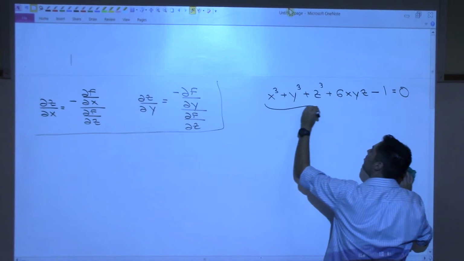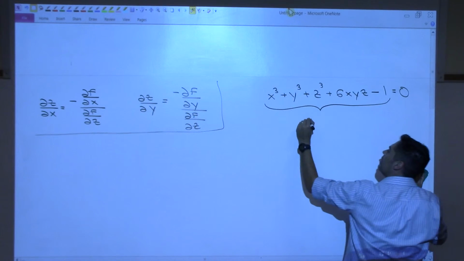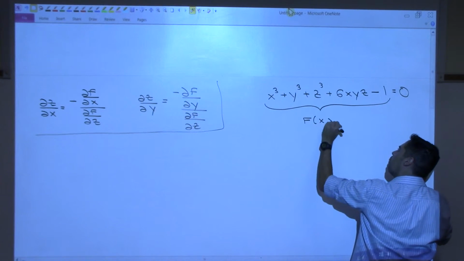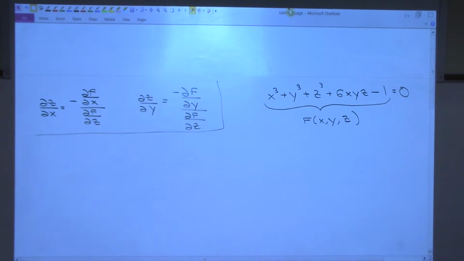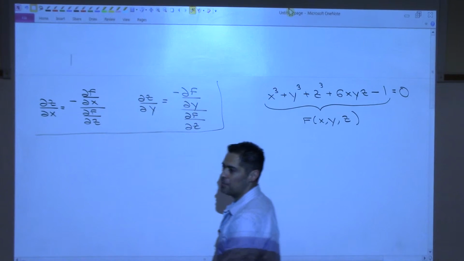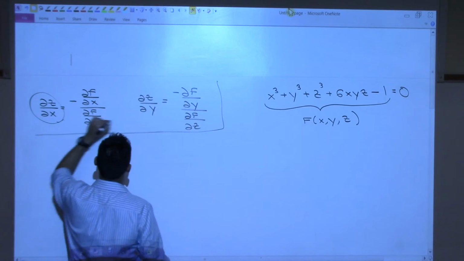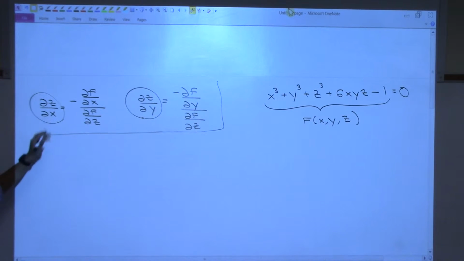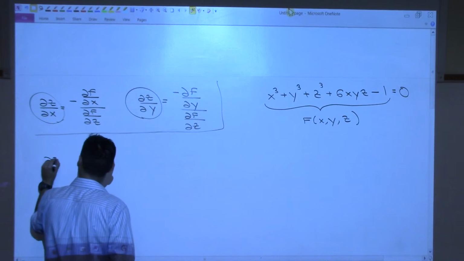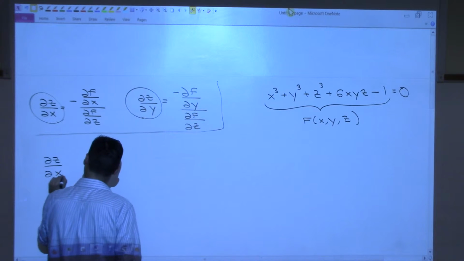This right here is capital F of x, y, z. Let's find these two things. So let's start with this one. What's the partial of z with respect to x?